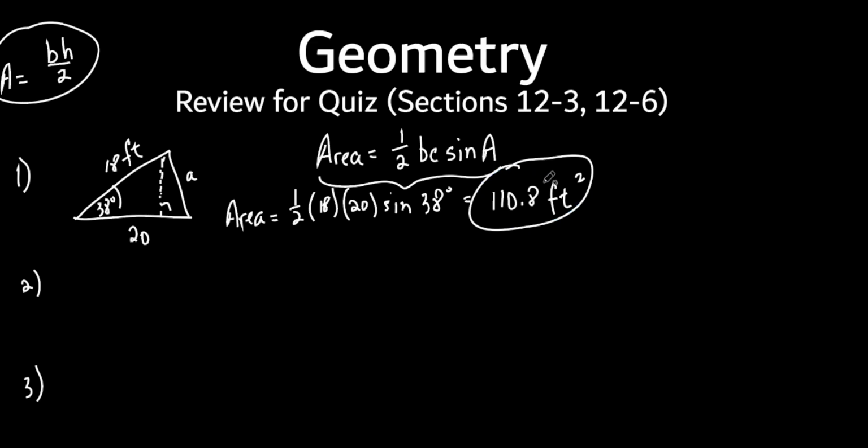Okay. Check it on your calculator. Make sure, because people are using different calculators. You put them in a little bit differently, depending on what calculator you're using. If I use just a regular graphing calculator, I would actually hit the sine and then 38. If I have a little scientific calculator, like a TI-30 or something like that, I would put in 38 and then hit the sine.